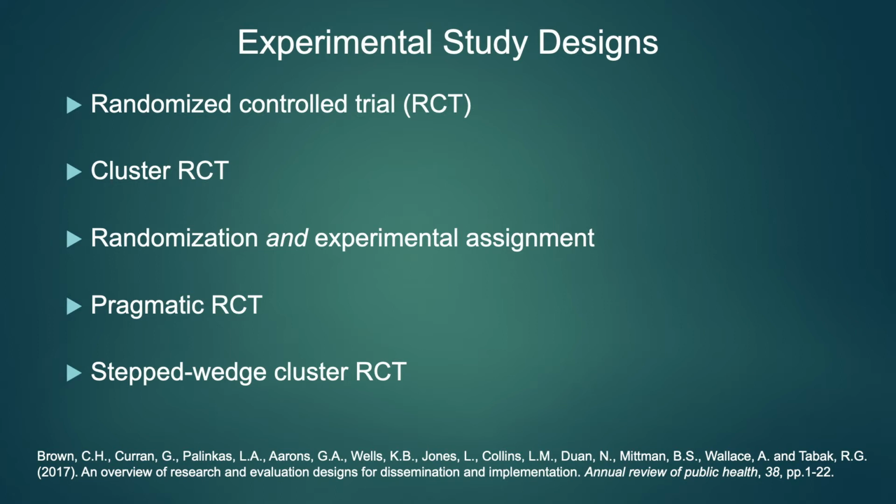Then there's the idea of pragmatic RCTs that improve efficiency and moving forward with research and the impact of your research. And then designs like a Stepped-Wedge cluster randomized control trial where everybody may get the implementation strategy or intervention, but it will roll out in a design that allows for timing of implementation across different organizational units.